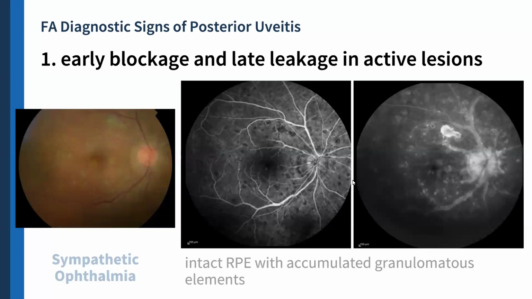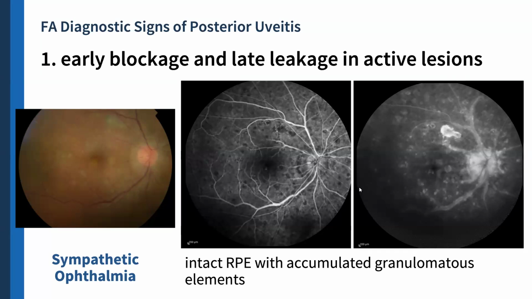Okay, so it's the same pattern, but again, iba na naman yung mechanism niya. In this case, SO or pwede din BKH, the main cause why this pattern occurs is because there's intact RPE with accumulated granulomatous elements causing the hypofluorescence at first, and then eventually nagkakaroon na naman ng dye leakage.